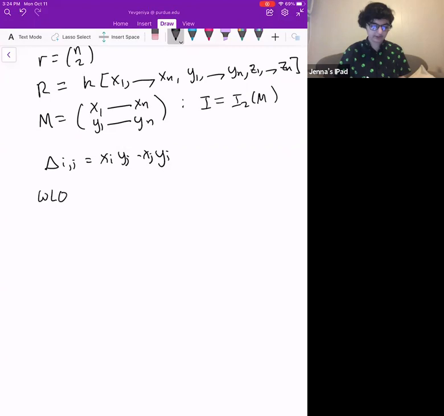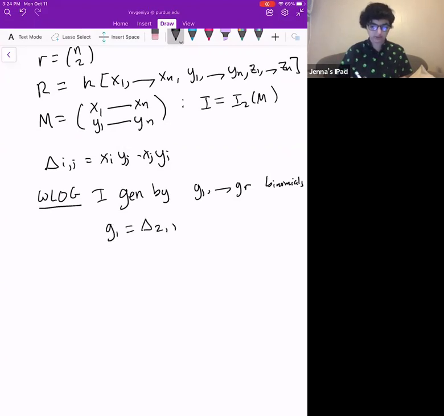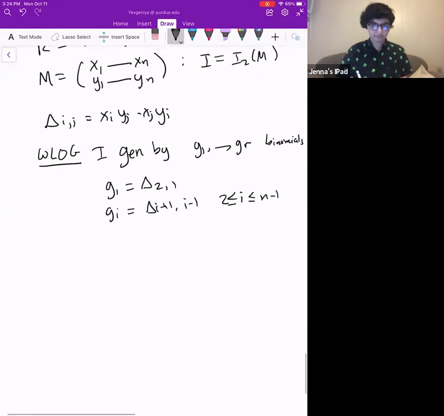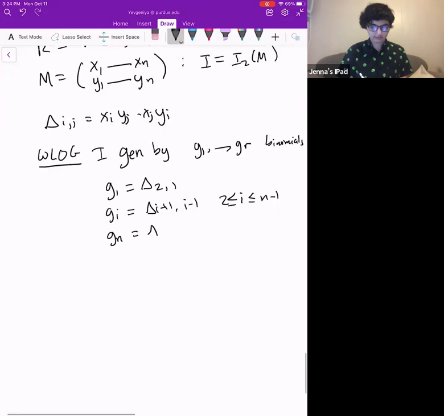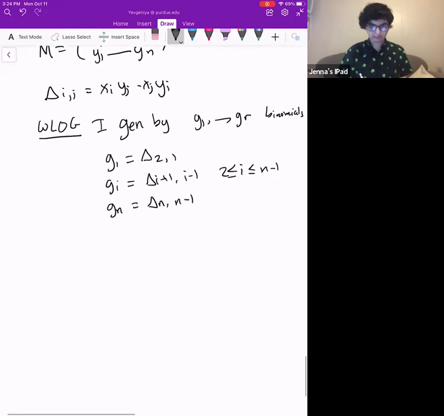So without loss of generality, we can say that I is generated by G1 through Gr, which are binomials, such that G1 is equal to delta 2,1, Gi is equal to delta i+1,i-1 for i between 2 and n minus 1, and Gn is equal to delta n,n-1.